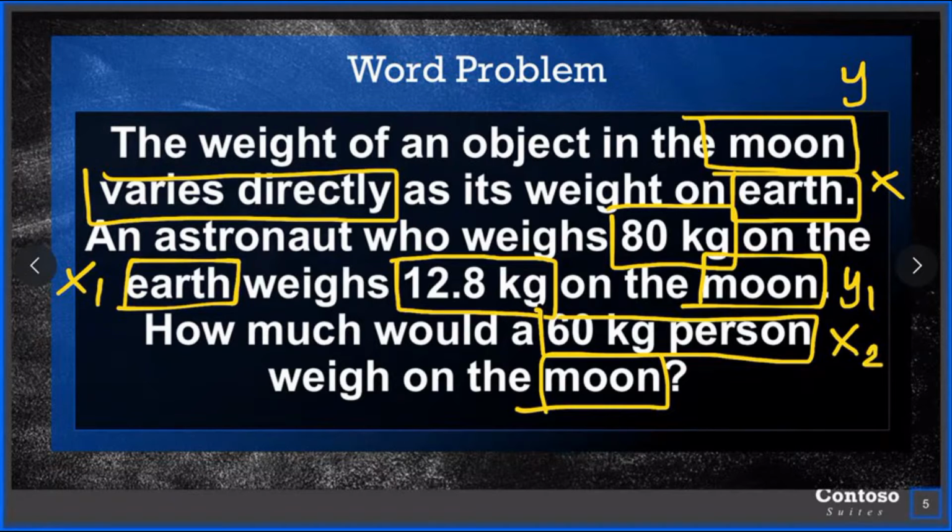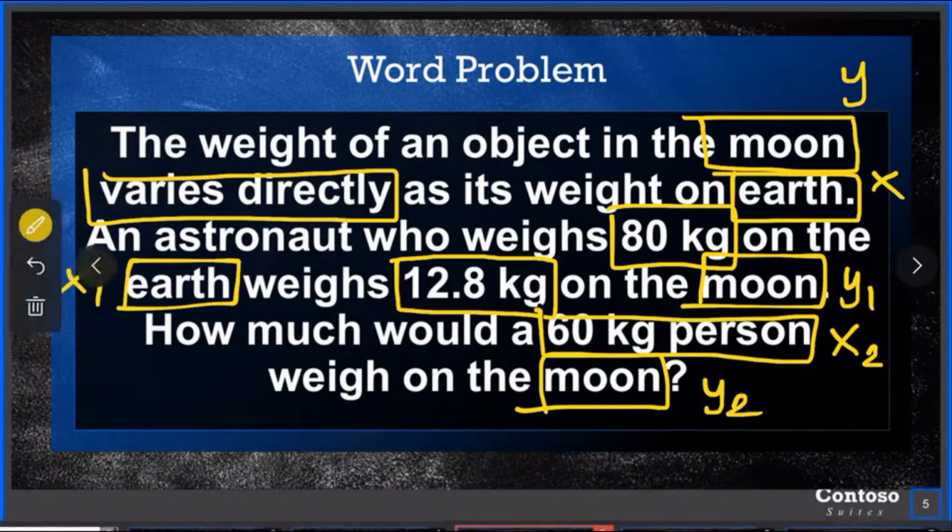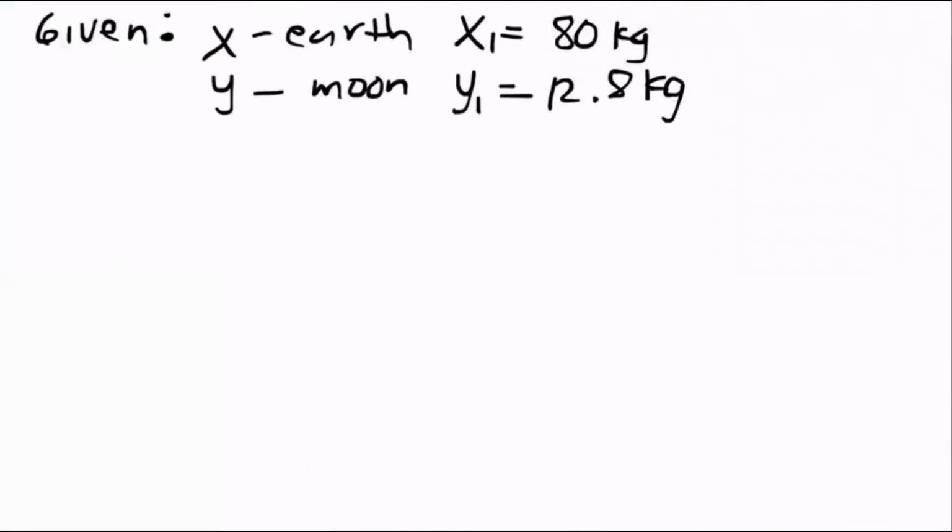And we are looking for the weight on the moon, so that is our y sub 2. Now let us write it down. X sub 2 is 60 kilograms, and we are looking for y sub 2, the measurement of the weight on the moon.